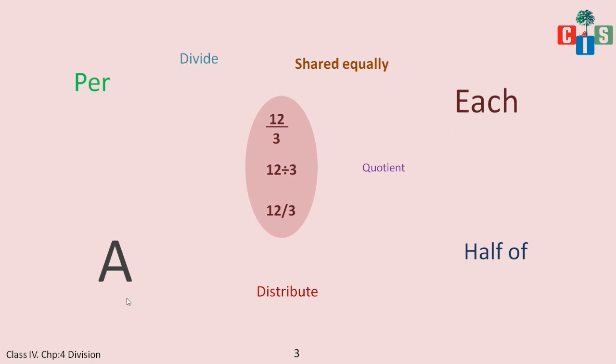So each and per mean one unit. And you remember that when you have to find the answer for one unit, you divide. And when you have to find the answer for many, you multiply. So these are certain words which give you the clue that the question is from division. Okay? So we move on to the word problems. The one more is 'goes into'.